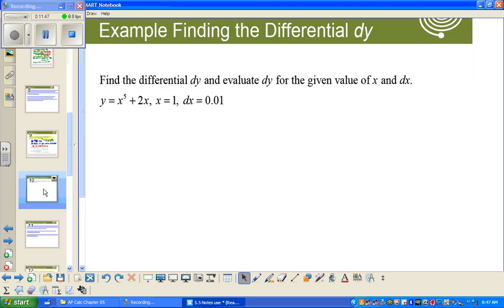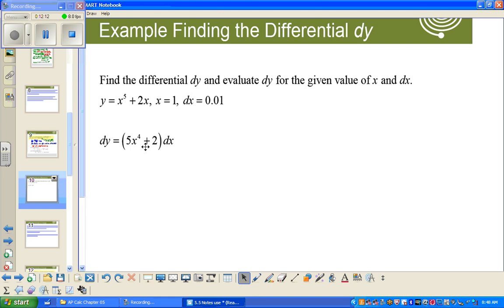So here's an example of finding the differential dy. So if I'm finding the differential dy and evaluate dy for the given value of x and dx, well, finding the differential is easy. You just take the derivative of this like you normally have in the past, and you tack on the dx at the end. So then that's that right there.